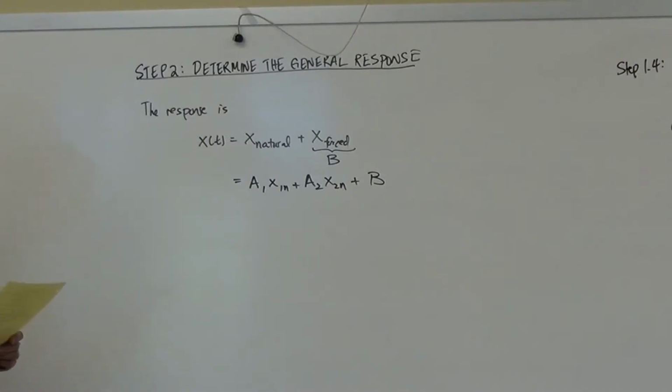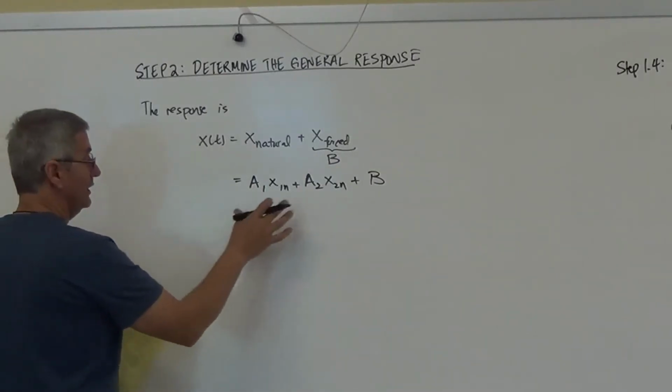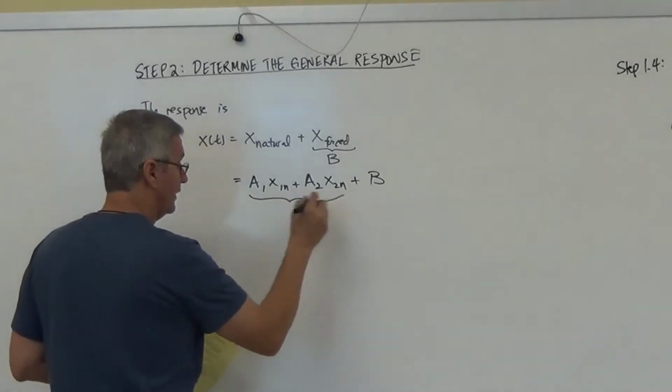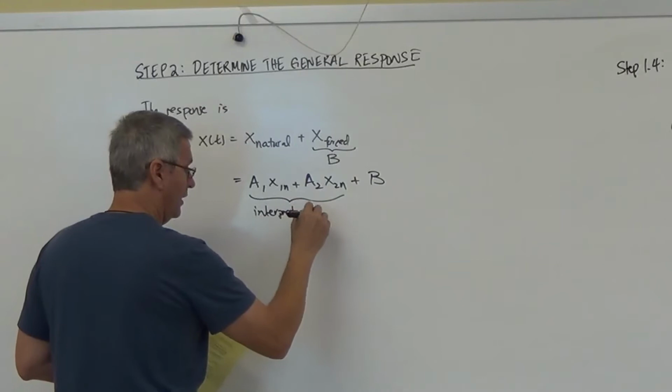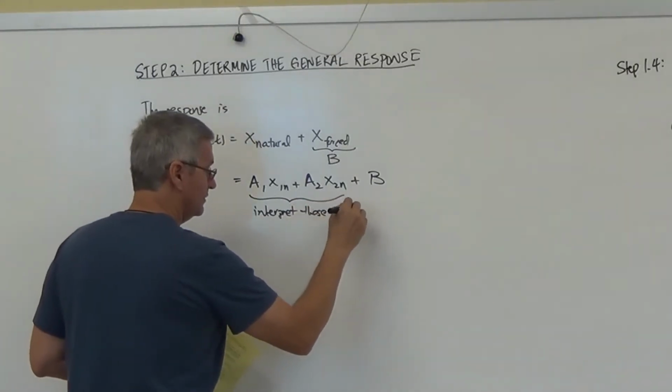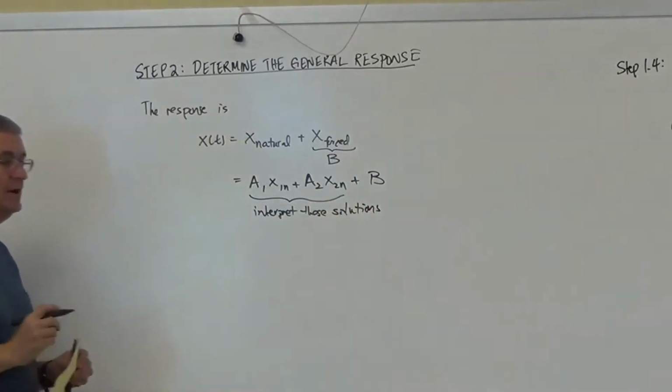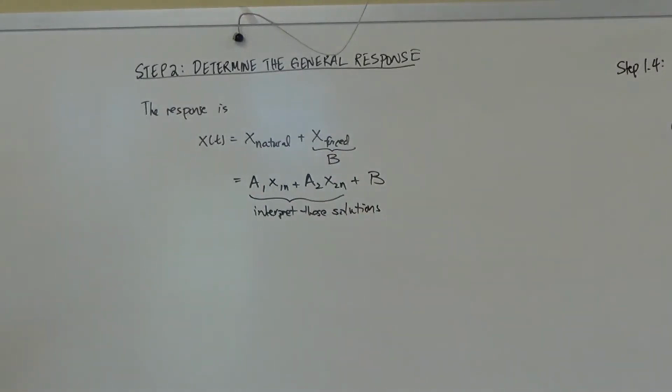And probably the easiest way that I know how to do this is to go in and make an analogy. What I really want to do is interpret these solutions. How do I interpret these solutions?